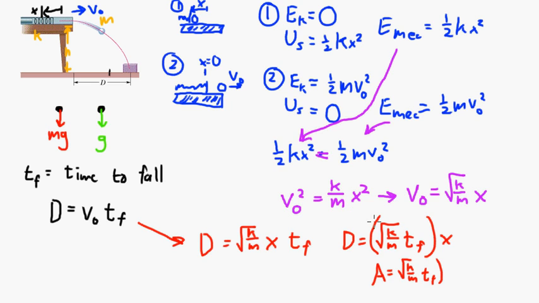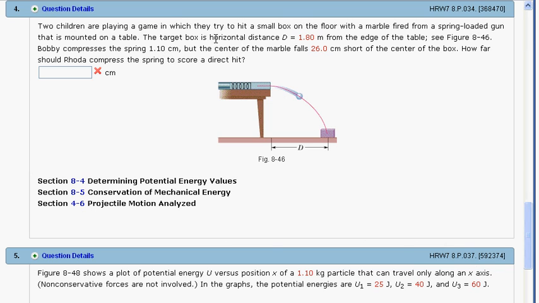Then you can say d equals capital A times x. So capital A is what we found is our parameter that relates the amount you cock it to the distance it travels. So let's look and see what our first attempt was.